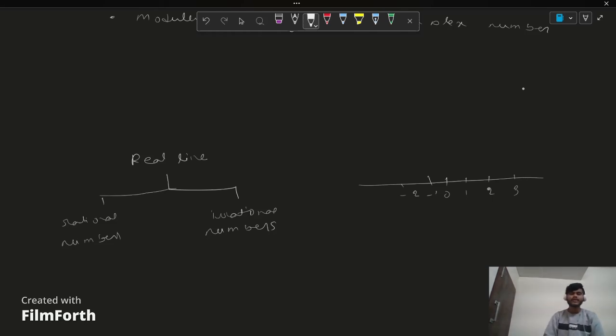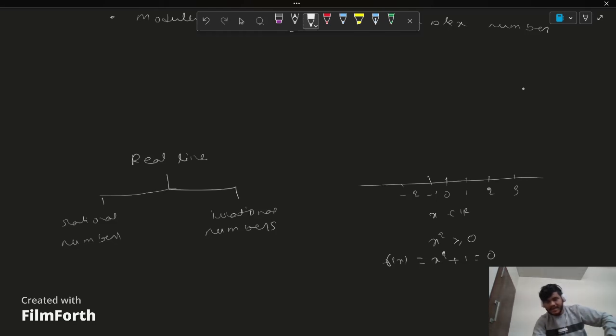Now, why do we need the complex numbers? We know if x belongs to R, then x square will always be greater than or equal to 0. But then we are empty-handed with the equation x square plus 1 equal to 0, because this equation doesn't have a solution on the real line for any x.